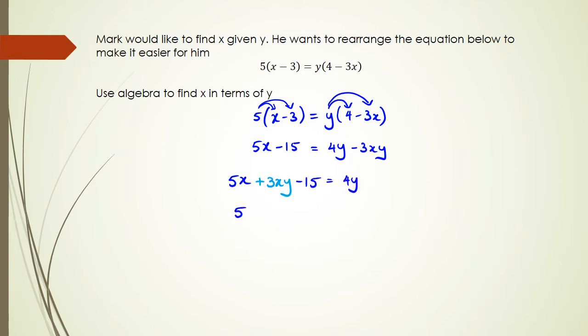My next step is to get rid of the 15. When I move the 15 to the right hand side, because it's negative 15 on the left hand side, on the right hand side it becomes plus 15. So simplifying this, what I have is 5x plus 3xy equals 4y plus 15.